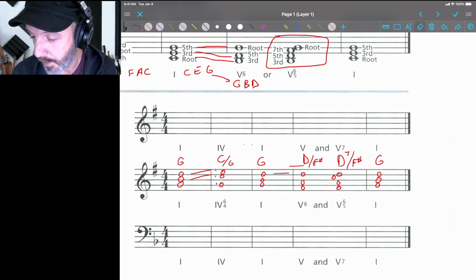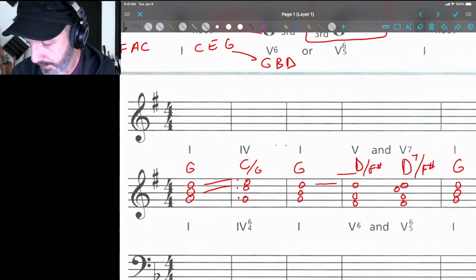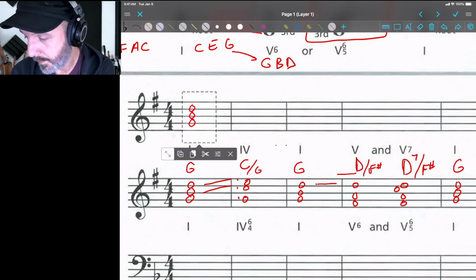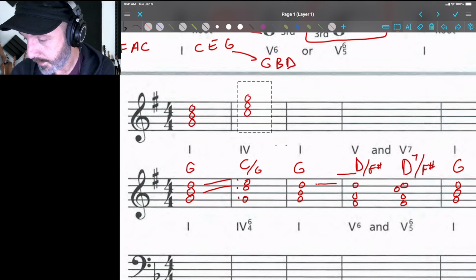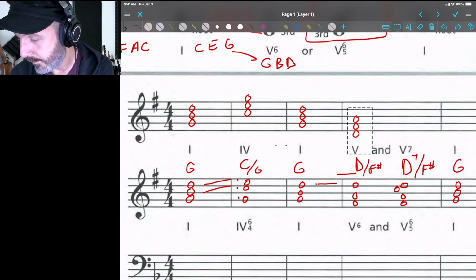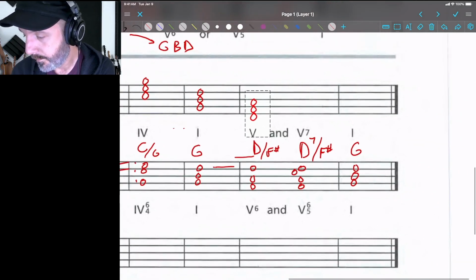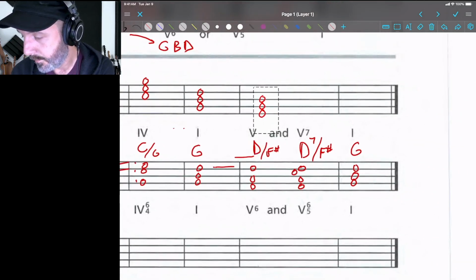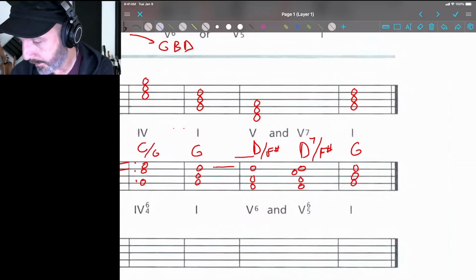All they want is root position triads. So for this first one, C, G, D, and then I'll just write this one out.